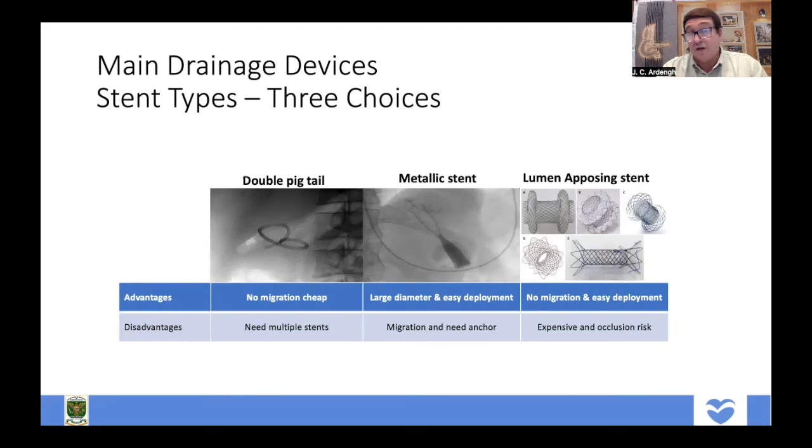Double pigtail does not migrate, for example, but several plastic stents are needed to maintain the fistula, whereas a biliary metallic stent has a larger diameter but can migrate, and LAMS, for example, does not migrate. It is easy to implant, but is expensive and has the risk of occlusion or bleeding if remaining for a long time in the patient.